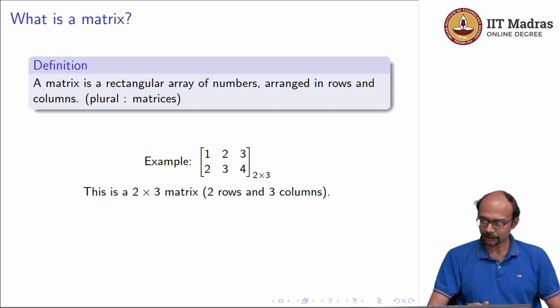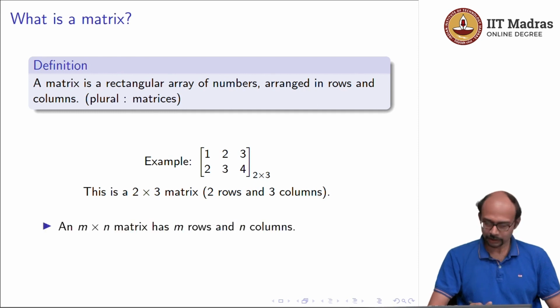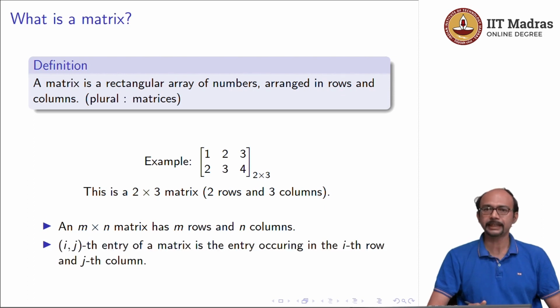So 2 rows and 3 columns. In general you may have an m by n matrix. That means you have m rows and n columns, and we'll talk about the entries of this matrix. The ijth entry refers to the entry which is in the ith row and the jth column. There's a unique such entry, and that will be the ijth entry.